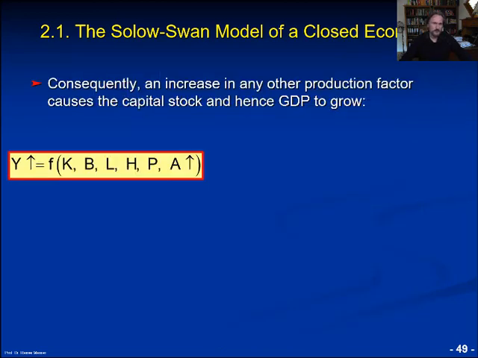We can now also describe this adjustment process in terms of a causal chain again. The initial change is an increase of the stock of technological knowledge. This causes an immediate increase of GDP.